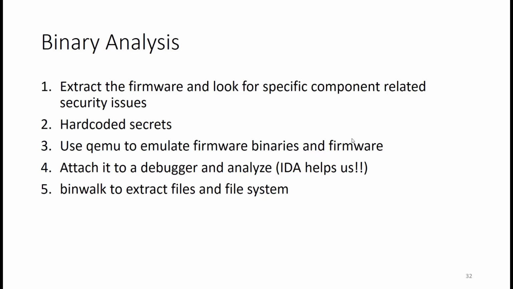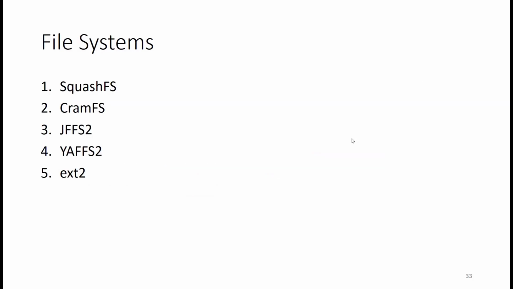You can use binwalk to extract the file system out of that binary. So when you say file systems of those embedded devices, these are some commonly used file systems in any of the firmware's binary. And all these file systems are supported by binwalk, so you can extract those file systems through binwalk itself.